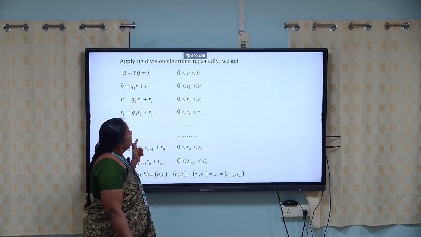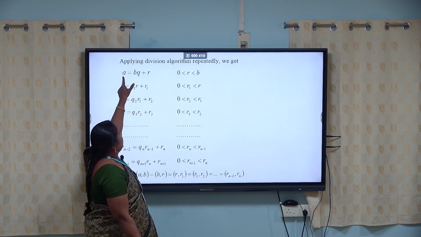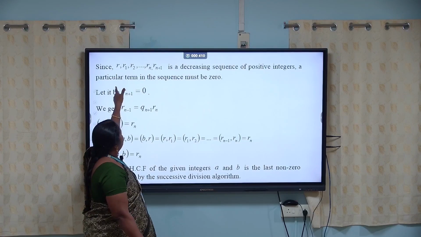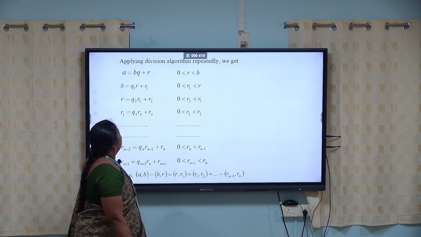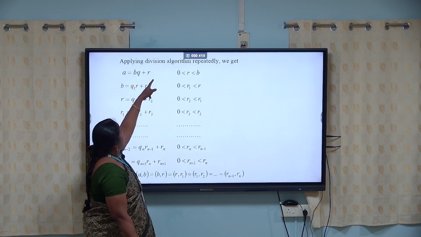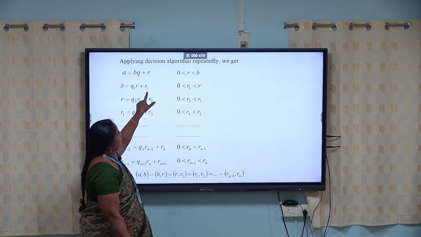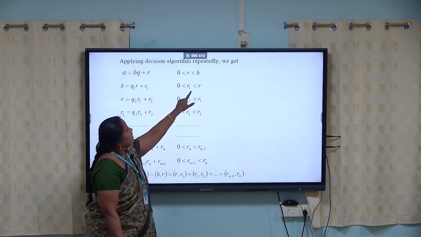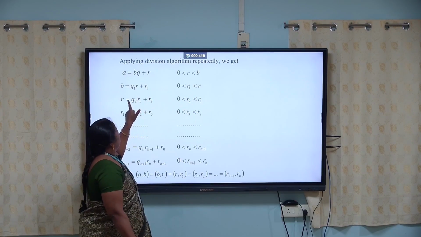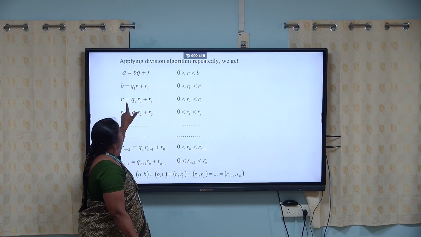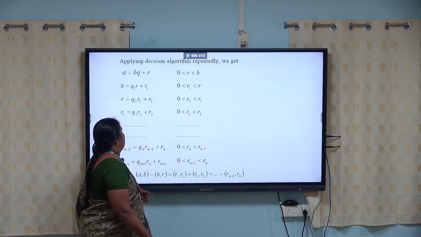Now, we are applying the division algorithm repeatedly. We get a and b can be written as a is equal to bq plus r, where r lies between 0 and b. Now, we take b and r, that can be written as b is equal to q1r plus r1, where r1 lies between 0 and r. Now, we take r and r1, that can be written as r equal to q2r1 plus r2, where r2 lies between 0 and r1.